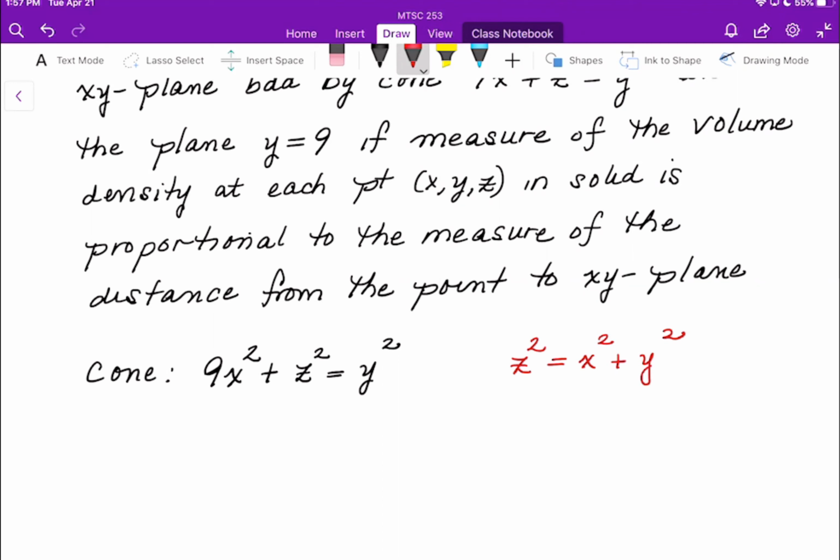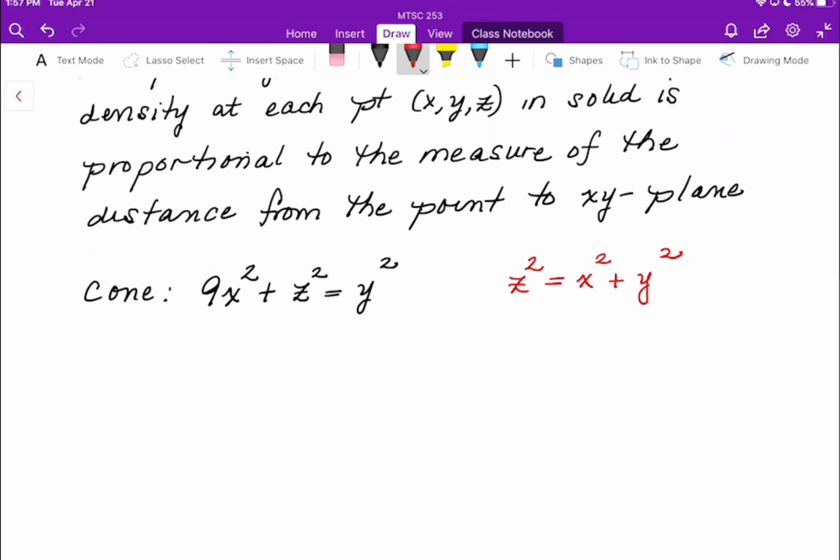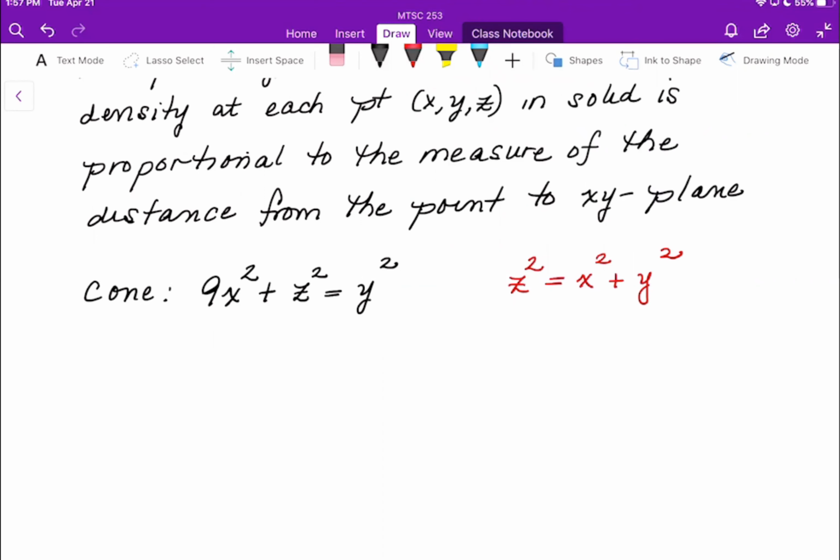And when we had something like z squared equal x squared plus y squared, we always went to the xy plane.